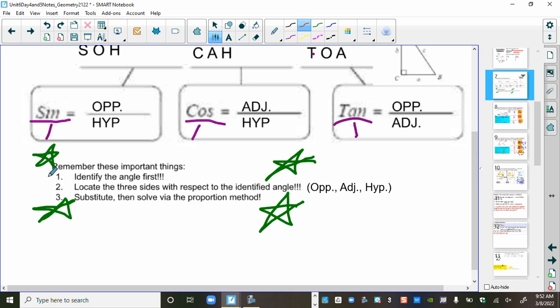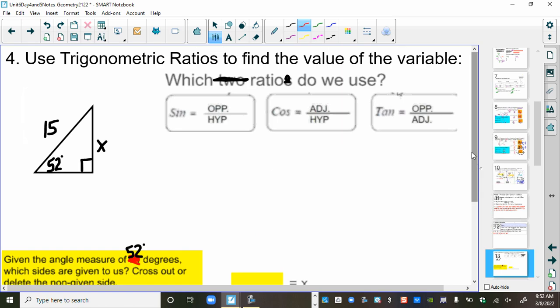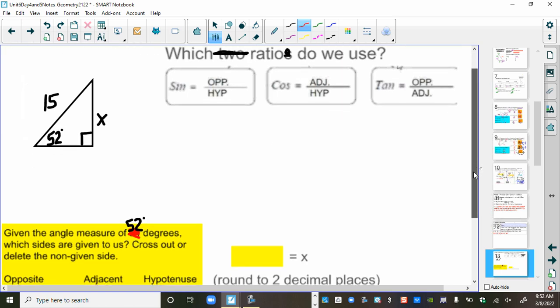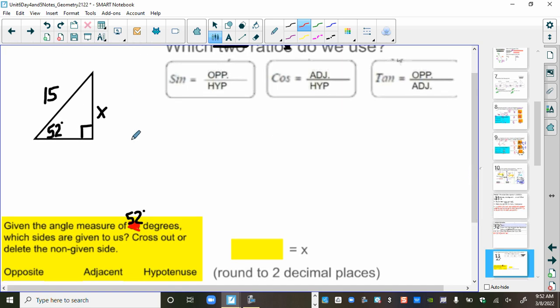Before that, you gotta identify that angle first. So where's our angle that's given to us? 52. We have to identify this guy first. That's number one. You got to get that first.